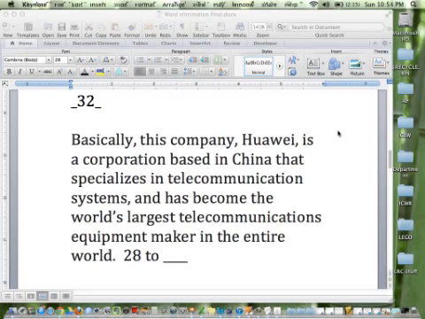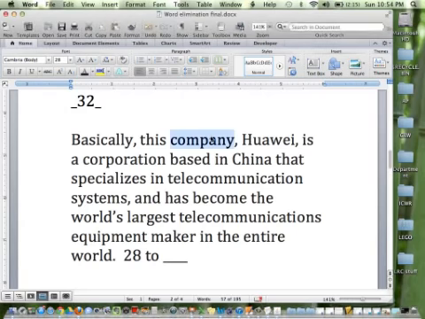All right, I think we see some things there that repeat. For instance, the word company and the word corporation, very much the same. I don't need both. And I definitely don't need the world's largest and in the entire world. So I'm looking for things that repeat, that tell me the same information.